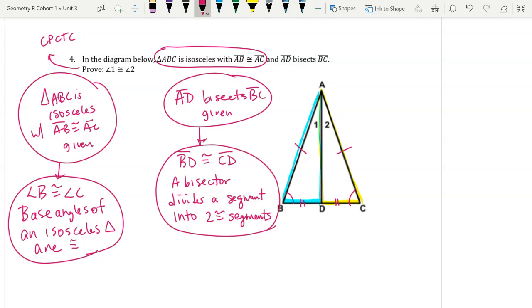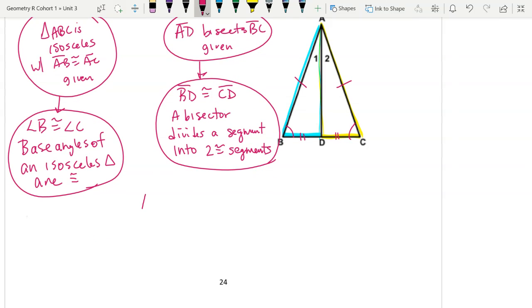Just that is enough information for me to prove the triangles are congruent. So I can say triangle ABD is congruent to triangle ACD by side, angle, side.